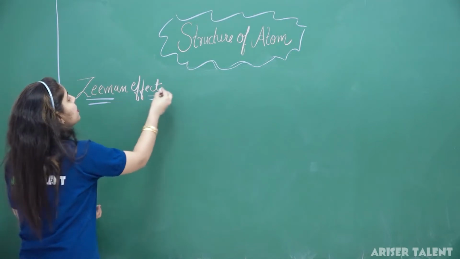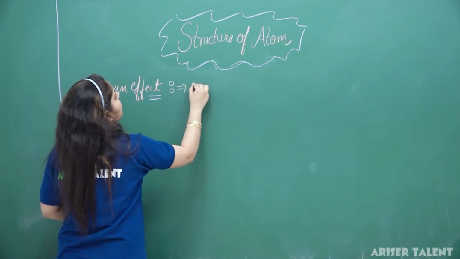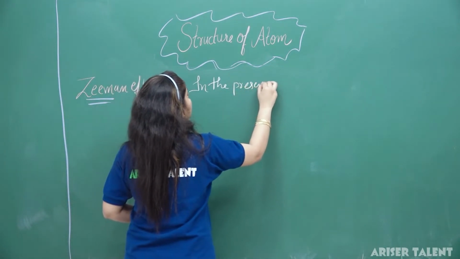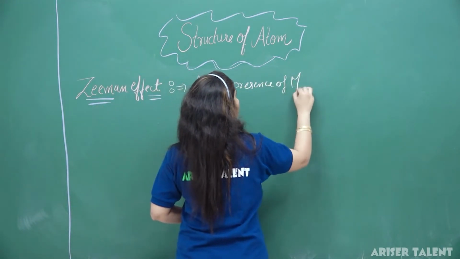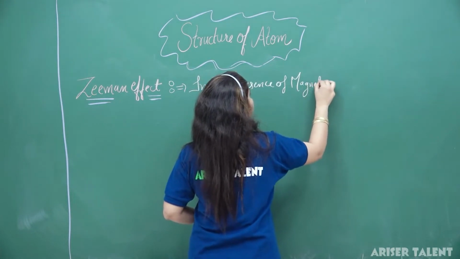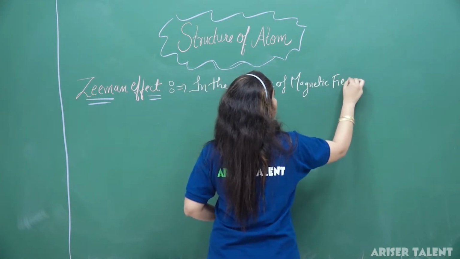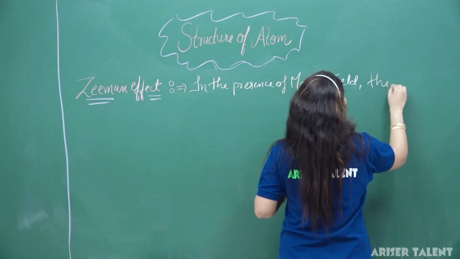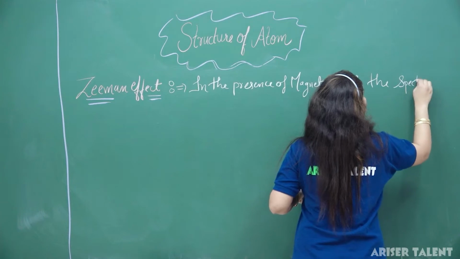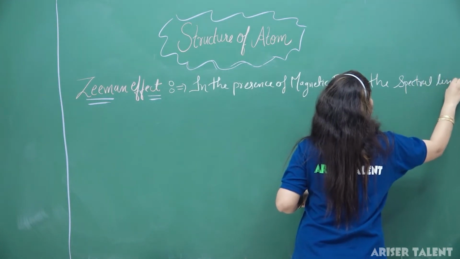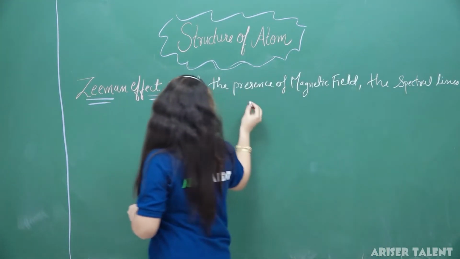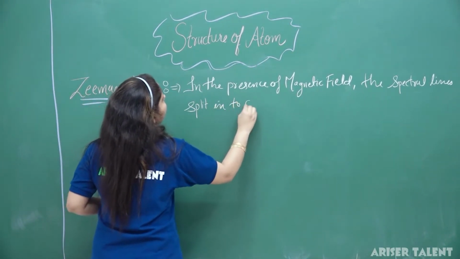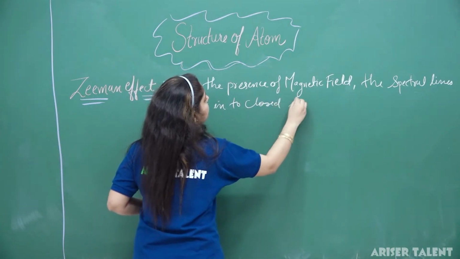So the statement for the Zeeman effect is: in the presence of a magnetic field, the spectral lines split into closed spectral lines.